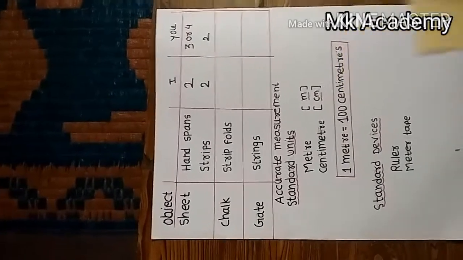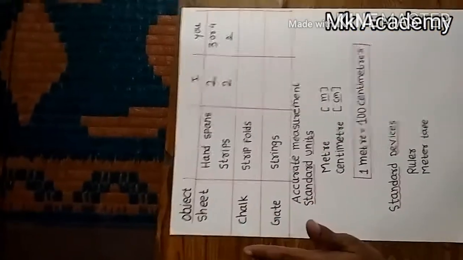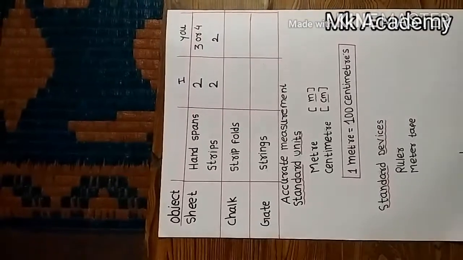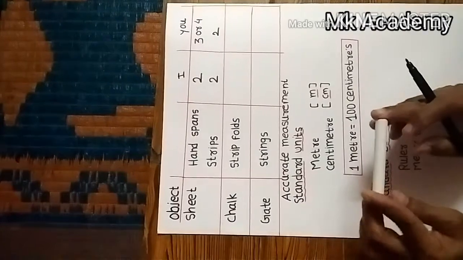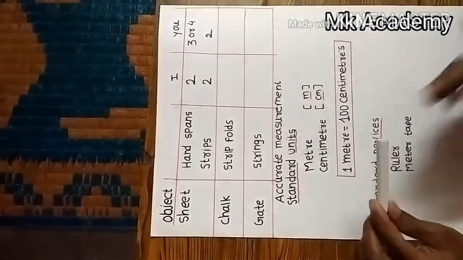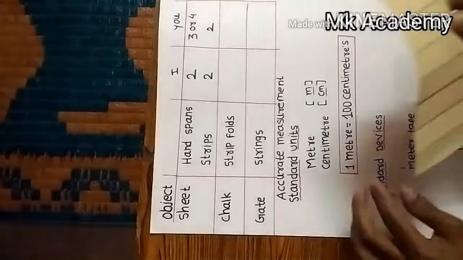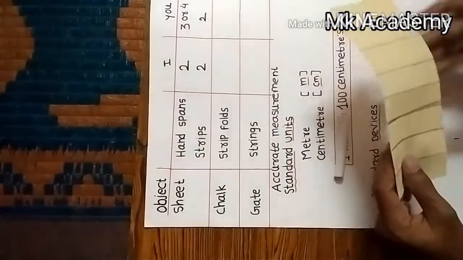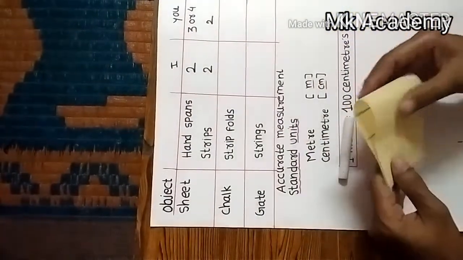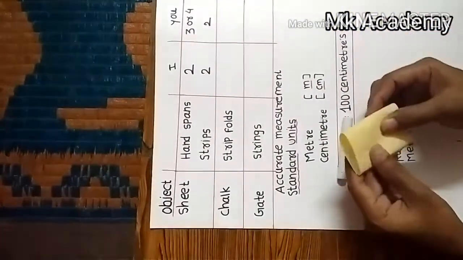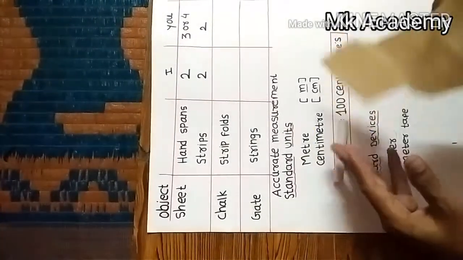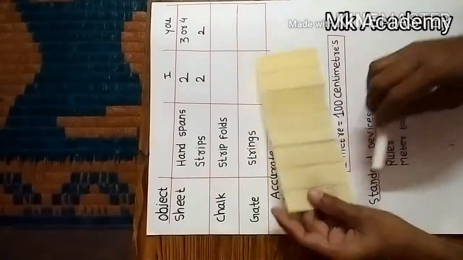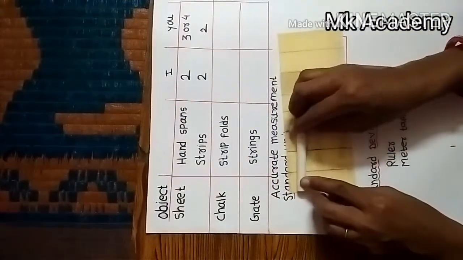Now we measure the length of chalk. See, this is a small chalk. For measurement of this chalk, we can fold the strip into 8 equal parts like this, and then measure the length of the chalk. Let's measure.